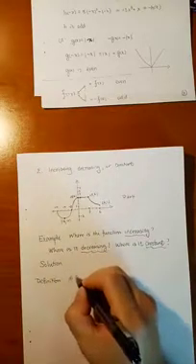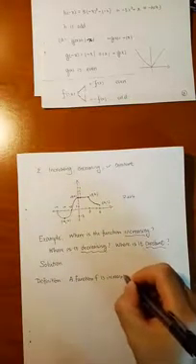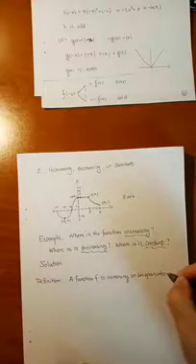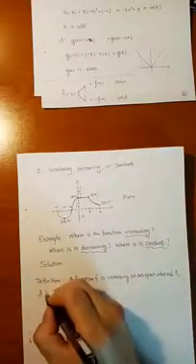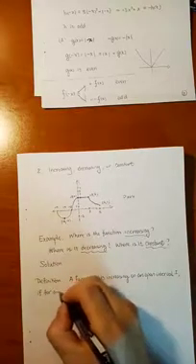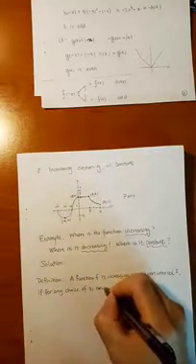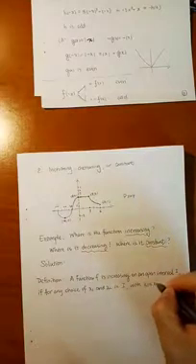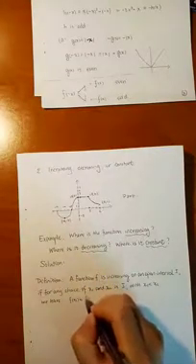A function f is increasing on an open interval I if for any choice of x1 and x2 in I with x1 less than x2, we have f(x1) less than f(x2). Okay, so this is increasing.